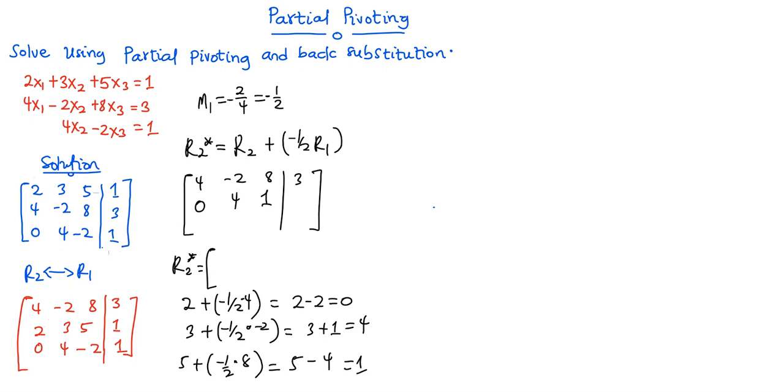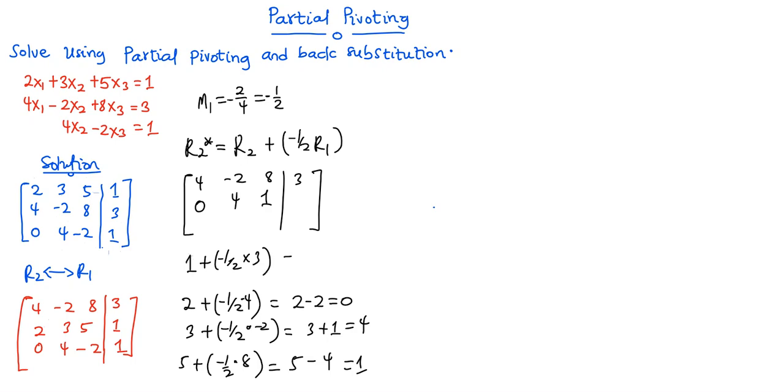So let's look at the last entry. So we have 1. Okay, let me write this here. Let me clean what I have here. Okay, all right, so we have 1 plus minus half multiplying 3, right?